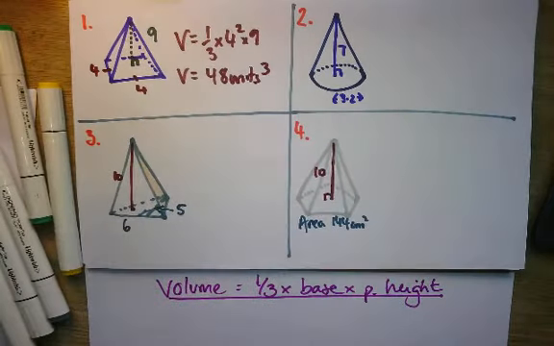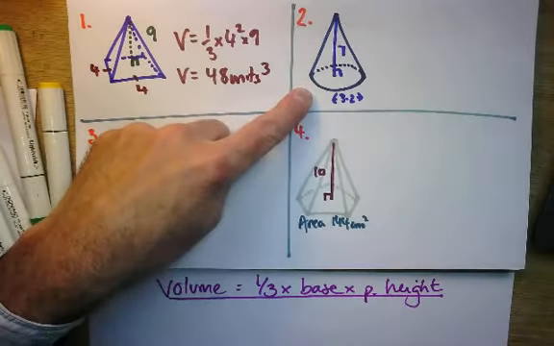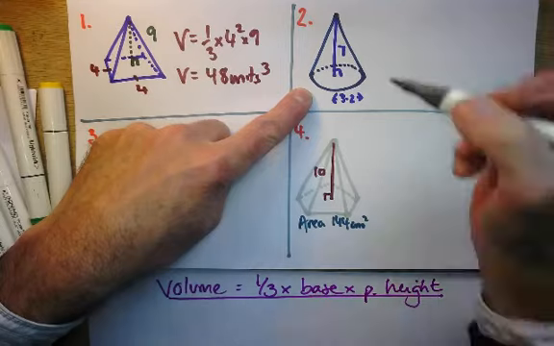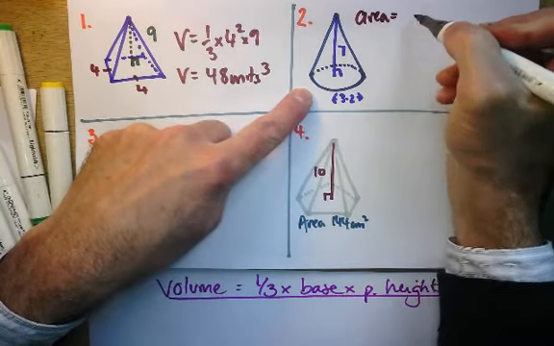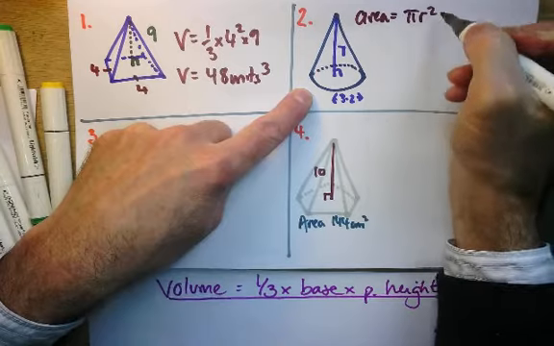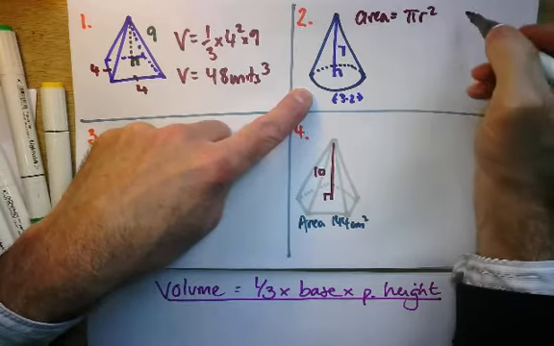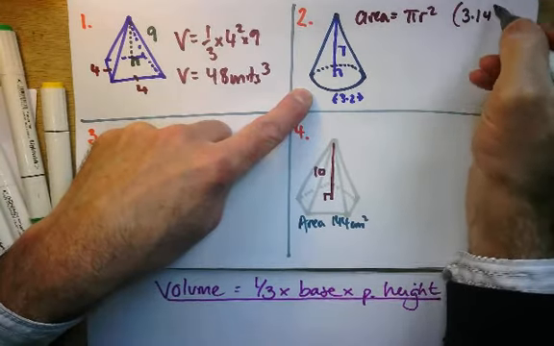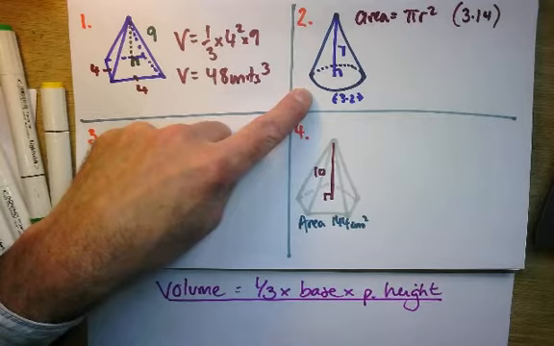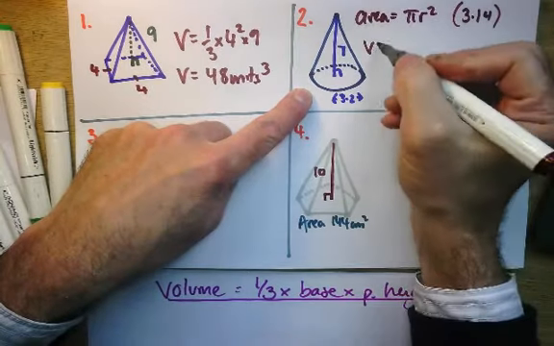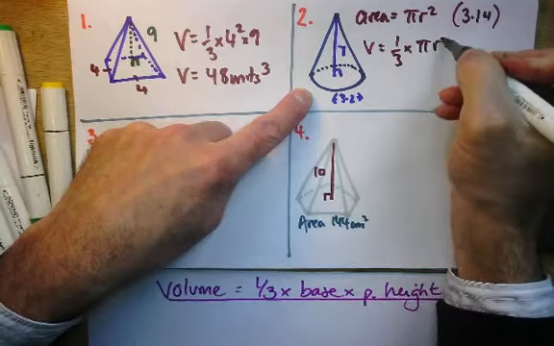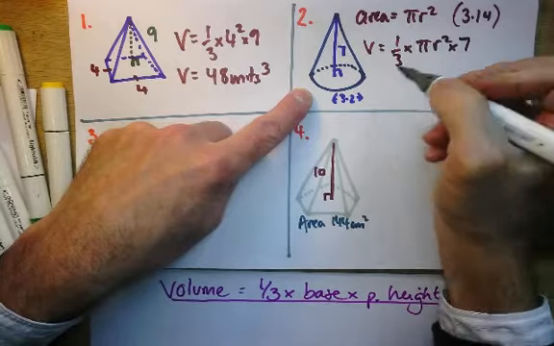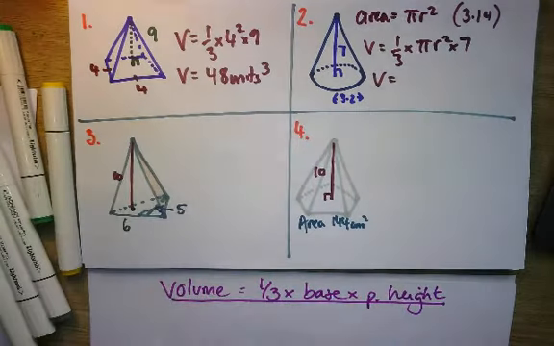So let's look at question 2. Here the base is a circle. So we've got to remember the area of a circle. Again, it's going to be pi r squared. And we can say that pi can be 3.14. They often do that. So the formula here, the volume is going to be 1/3 times the base, pi r squared, times the perpendicular height.